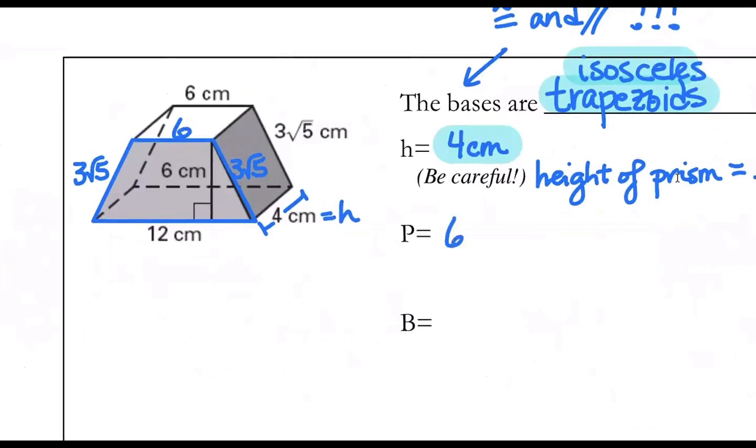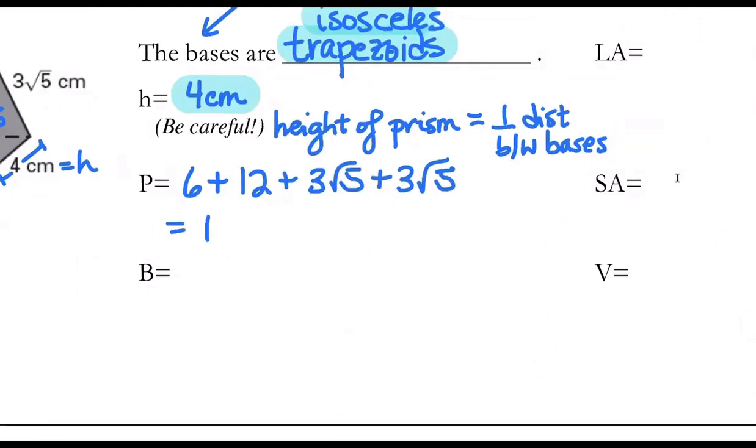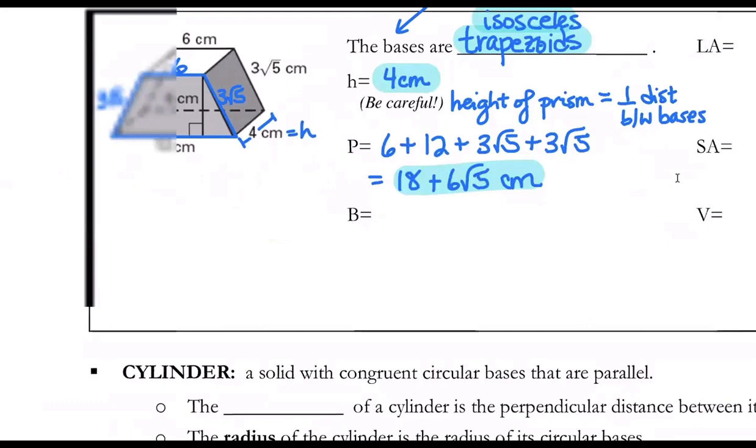It would be 6 plus 12 plus 3 root 5 plus 3 root 5. So 18 plus 6 root 5, and that's a length, so that would be in centimeters.